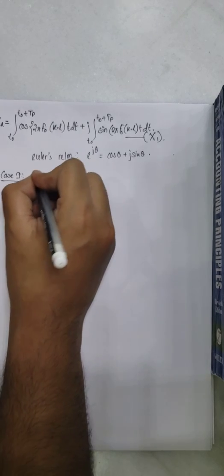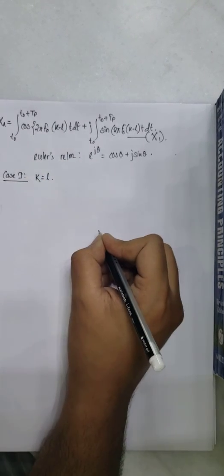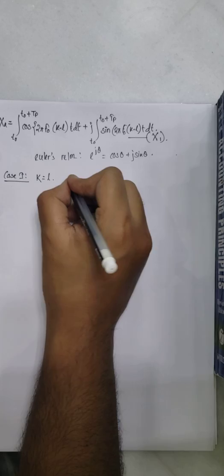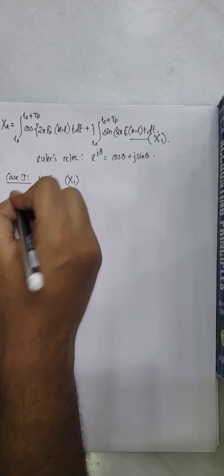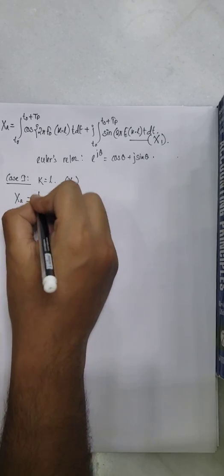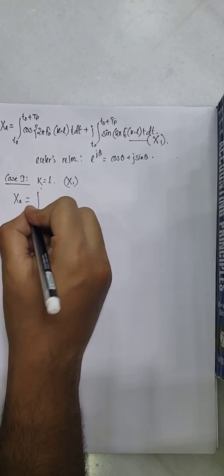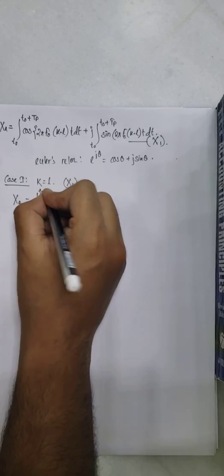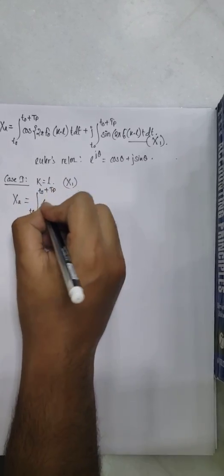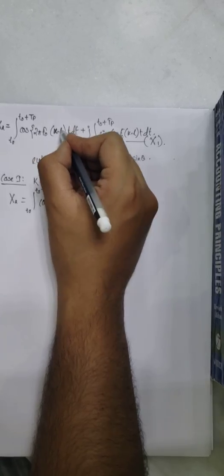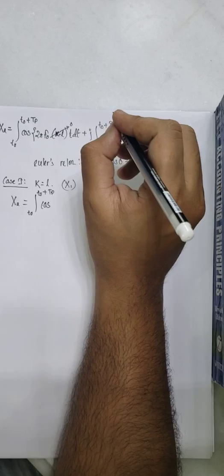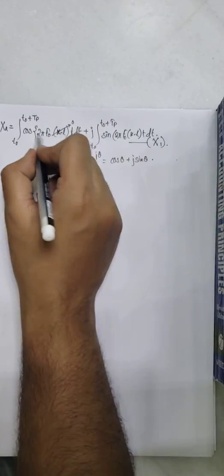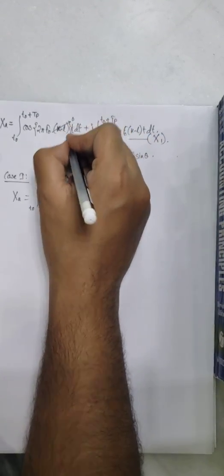when our value of k equals the value of L, the equation x of 1 becomes x of a equals the integral from t naught to t naught plus Tp of cosine of, now if k and L are equal, this term becomes 0, and consequently all of this becomes 0.